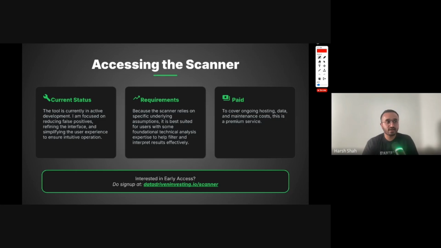The access to the scanner, I'm not going to keep it free for sure because I'm using it myself. I actively invest in it and I invest a lot of time. At the same time, I'm not even sure if I'm going to open up access, at least not this month, but sometime in September, I might. If you are interested in getting access to the scanner, you can go to datadriveninvesting.io/scanner and sign up for the waitlist there.